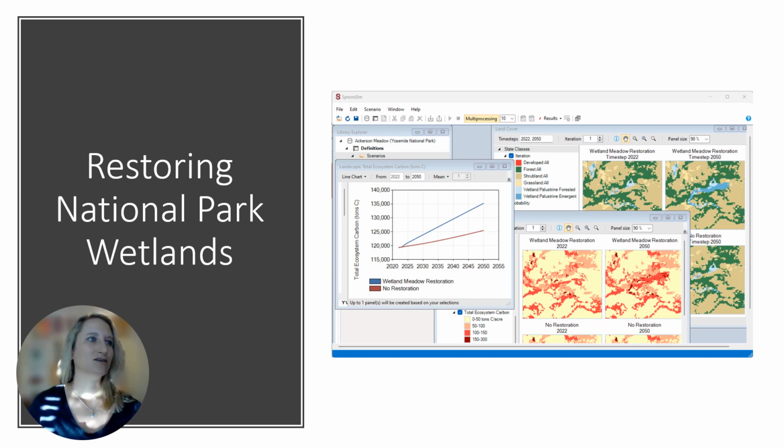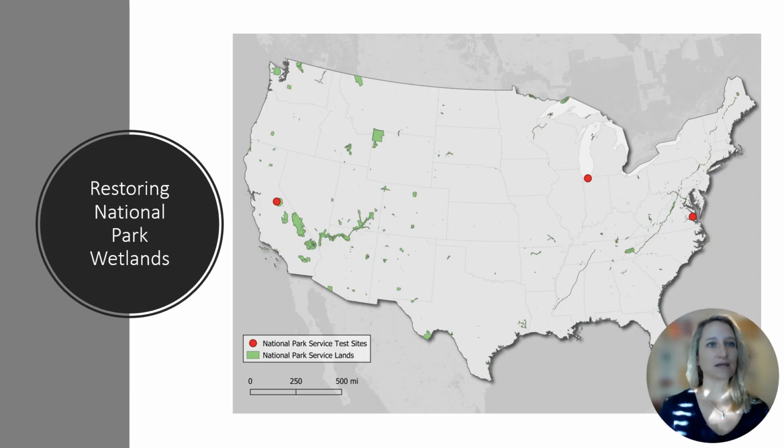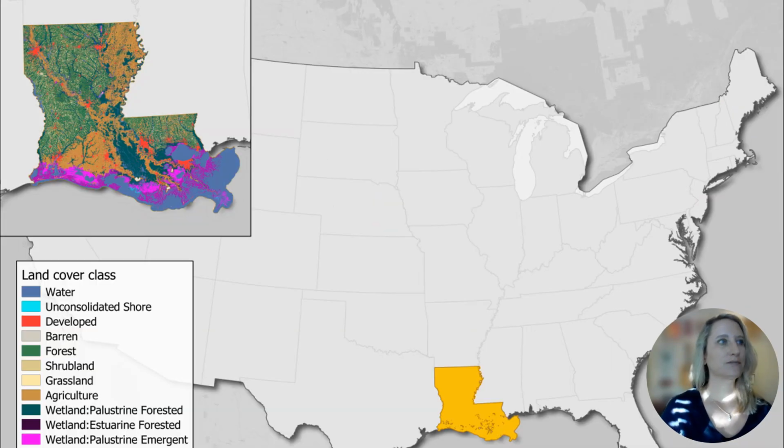We see changes in carbon spatially as well as tabular on the left-hand side. So we're working to help the planners to quantify the potential impacts of their restoration activity on carbon sequestration. And again, working to do that across the country for all wetlands and national parks eventually.